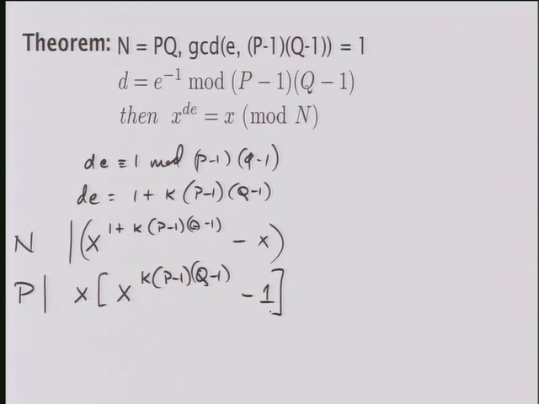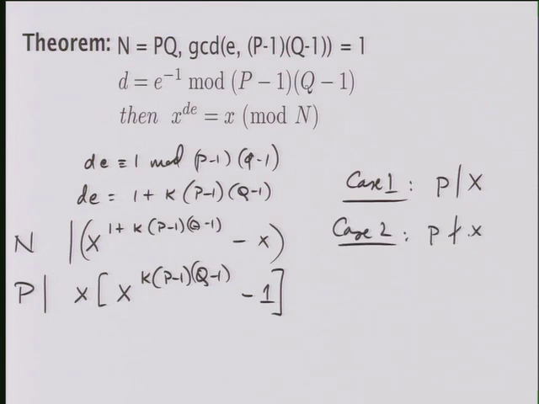Okay. So, well, there are two cases. Case 1, p divides x. In this case, I bet you can finish off the proof. Case 2, p does not divide x, which means that x mod p is between 1 and p minus 1, right?